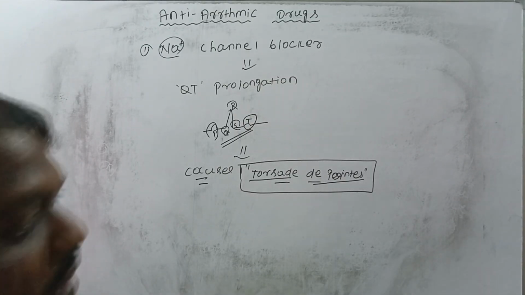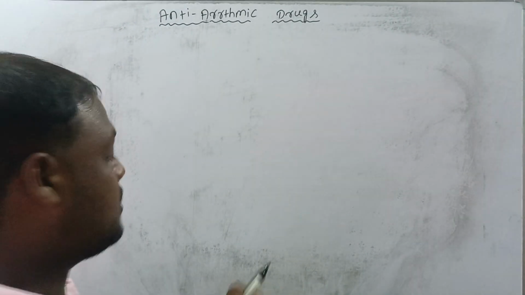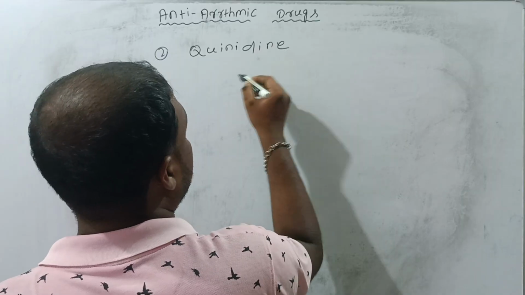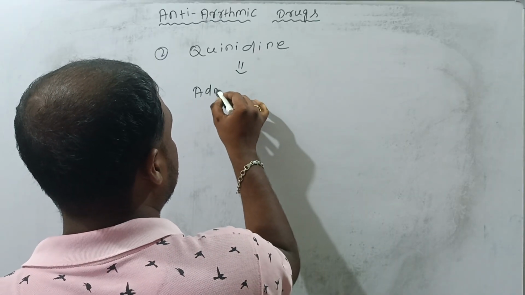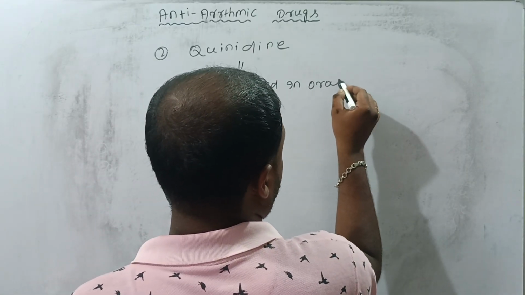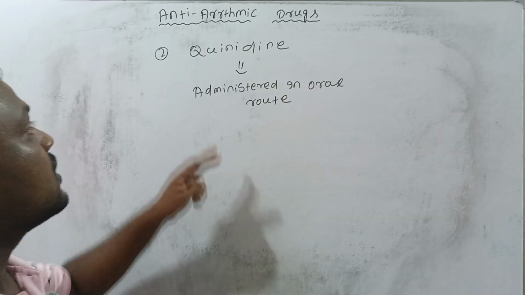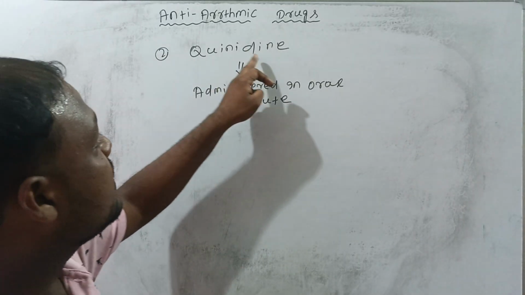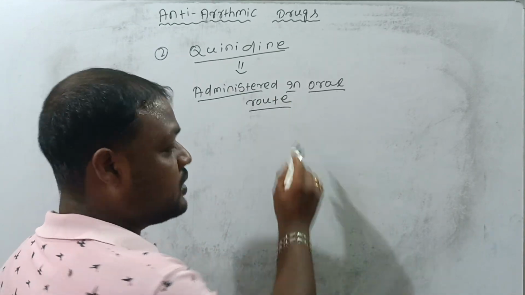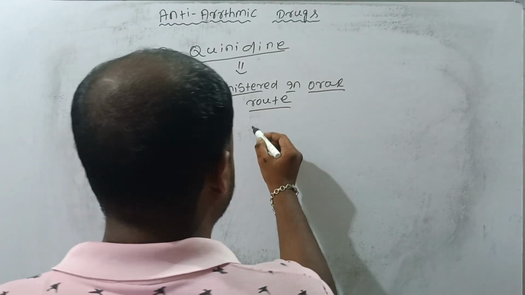Then the second anti-arrhythmic drug is quinidine. Quinidine is administered by the oral route.